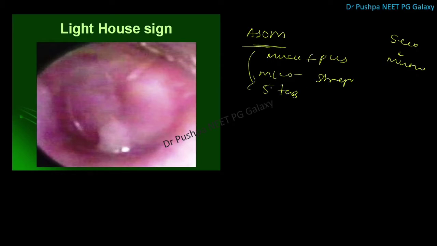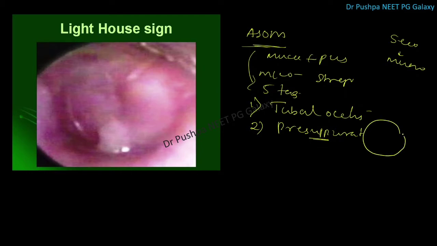There are 5 stages of acute suppurative otitis media. The first one is the stage of tubal occlusion. In this there will be occlusion of the eustachian tube. The second stage is the stage of pre-suppuration, before the collection of pus. In this we see the tympanic membrane in cartwheel appearance, which is seen in the pre-suppurative stage of ASOM.